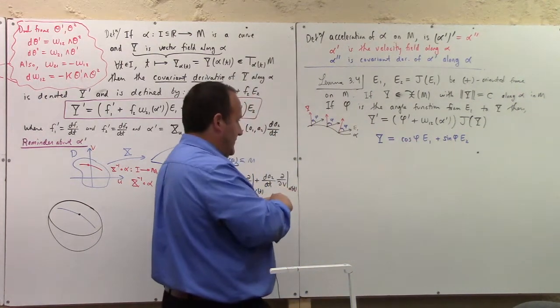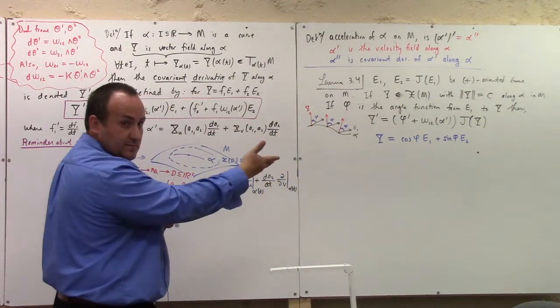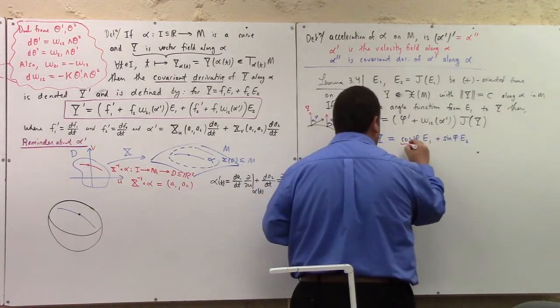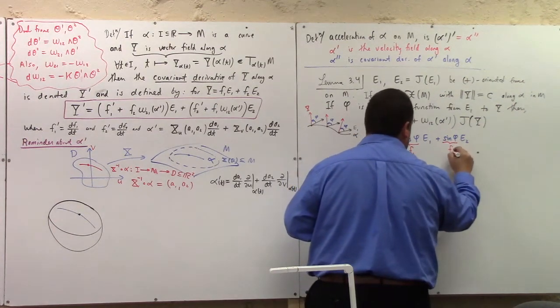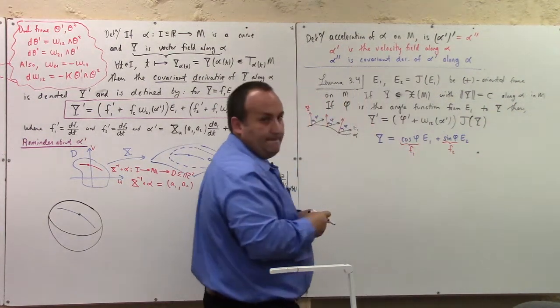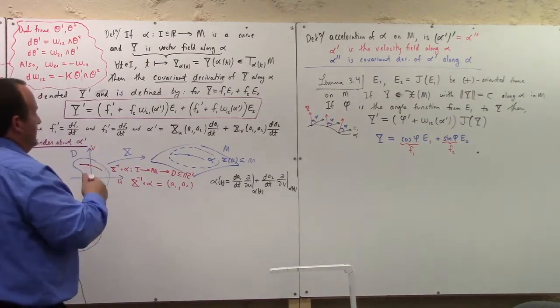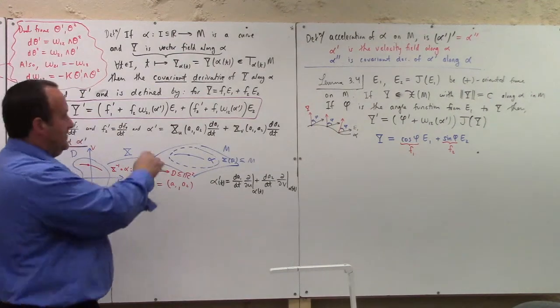Let's work through the mechanics here. This is a covariant derivative. So this here is F1, this here is F2. And what was our definition? Y prime is F1 prime, here's the definition right here.